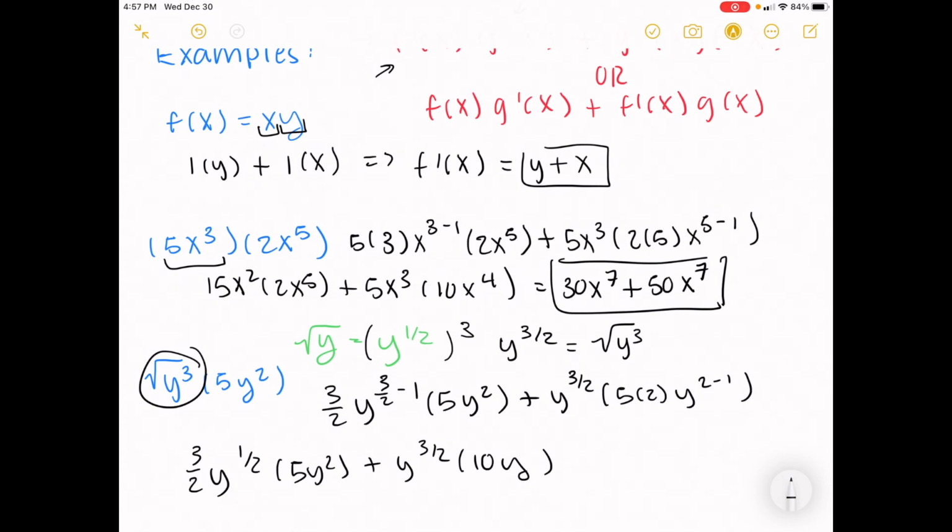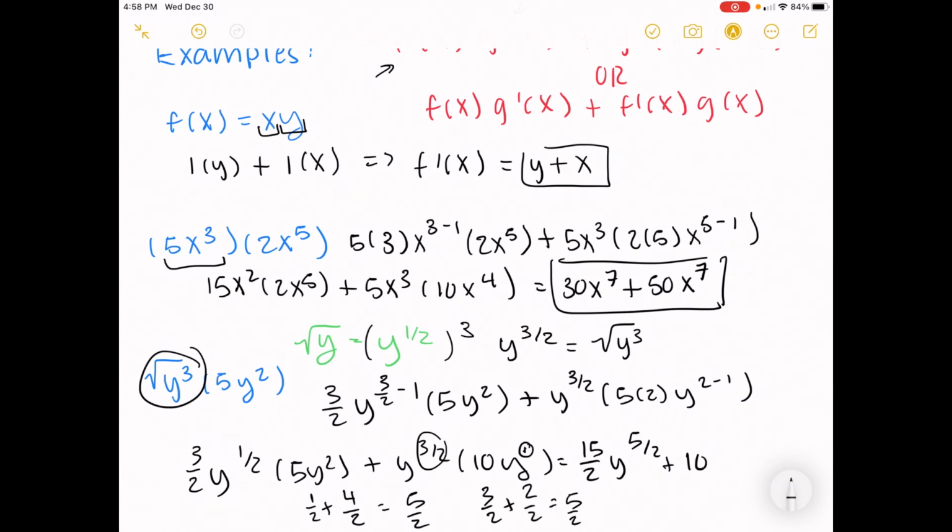And if we want to simplify this even further, this is the same thing as 15 over 2 y to the power of 5 over 2, because you add the 1/2 and the 2 together, which is essentially 1/2 plus 4 over 2, so you get 5 over 2, plus, same thing with this, essentially there's a 1 here, so it's 3 over 2 plus 2 over 2, so it's also 5 over 2, plus 10 times y to the power of 5 over 2.